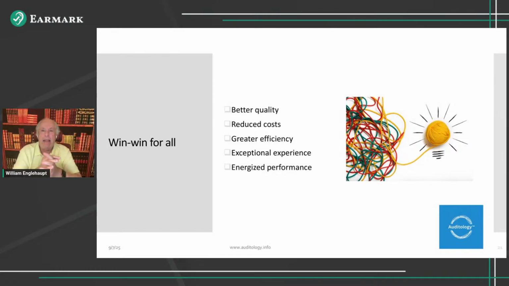And certainly that idea of energized performance, getting everybody tracking to the same beat, the same cadence, really has a big impact. And overall, think about where you are now and how you can continually get better. It's the idea of continuous improvement.